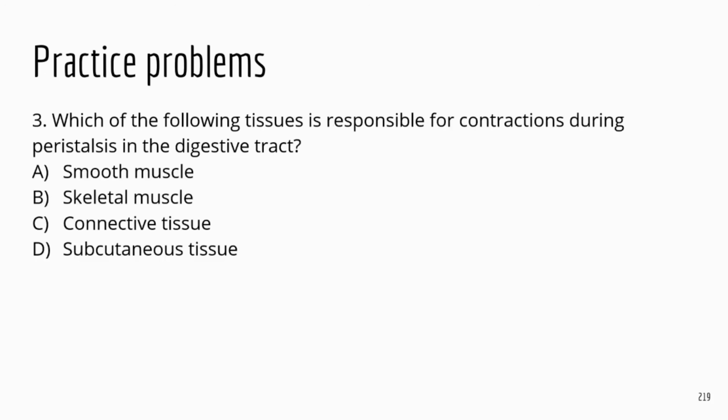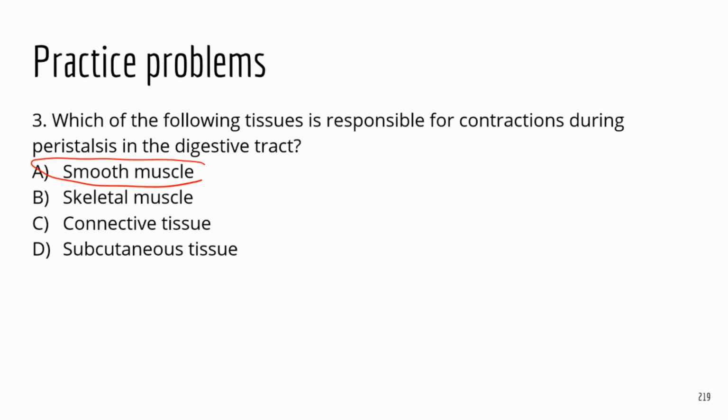Number three, which of the following tissues is responsible for contractions during peristalsis in the digestive tract? So the correct answer is smooth muscle, right? So peristalsis is not a very forceful kind of movement as the movement generated by your skeletal muscle.